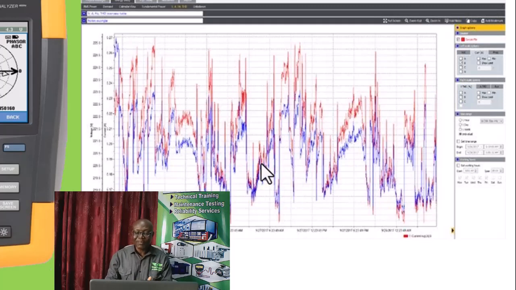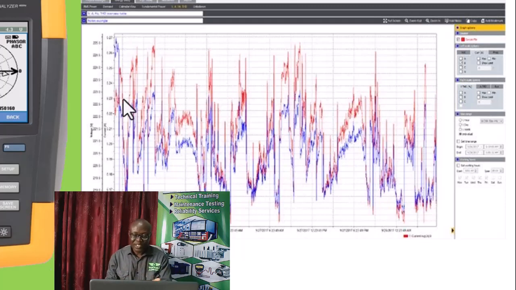To help us have a good sense of what we are seeing, although we can determine the voltage levels and the current levels at different times, we'll know when we have the peak consumption or the highest current and voltage event on the system, or the lowest.